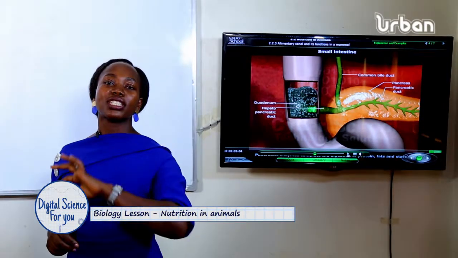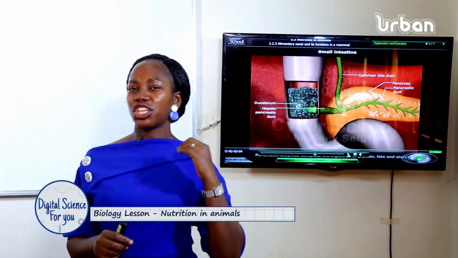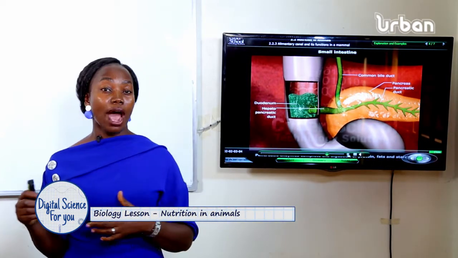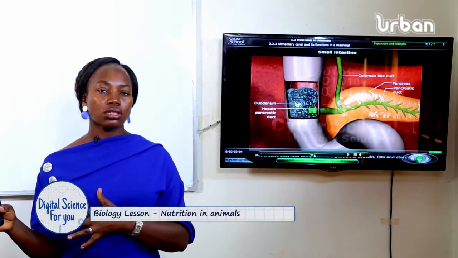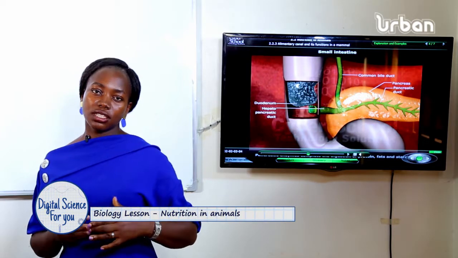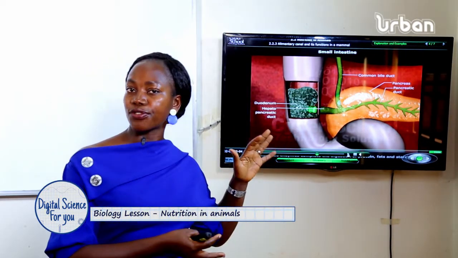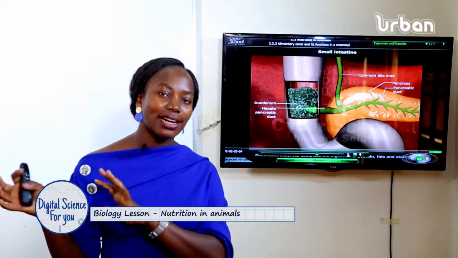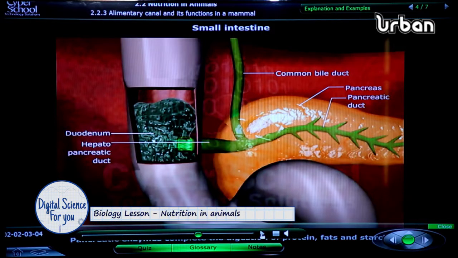Bile simply contains salts. It has two forms of salts. We have inorganic salts such as sodium hydrogen carbonate, and the role of the inorganic salts is to convert the acidic pH with which food has come from the stomach into alkaline pH, that is the pH that is conducive for digestion in the small intestines.